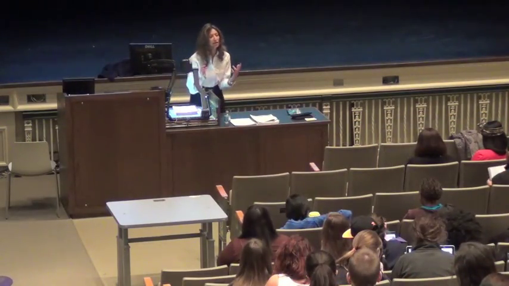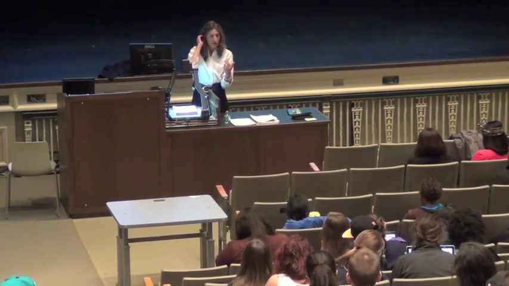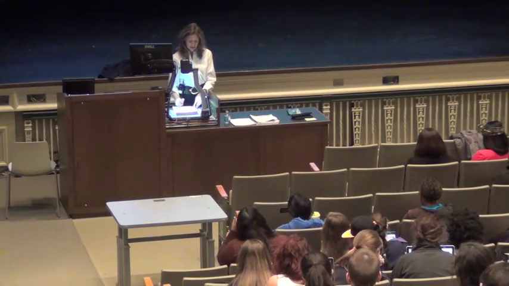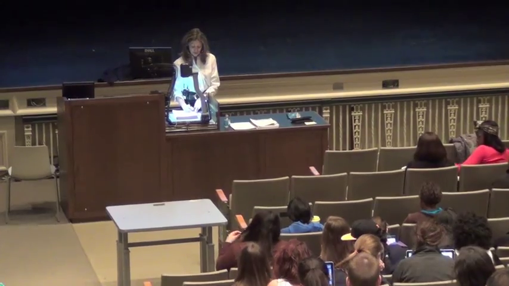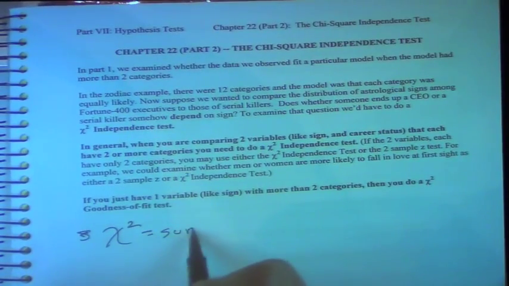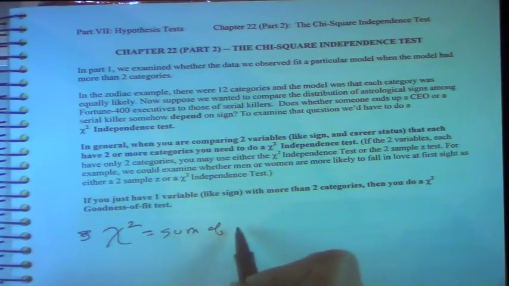We just did a chi-square test, all right? And remember what the chi-square statistic was. Let's just write it down again: it is the sum of what? Do you remember?